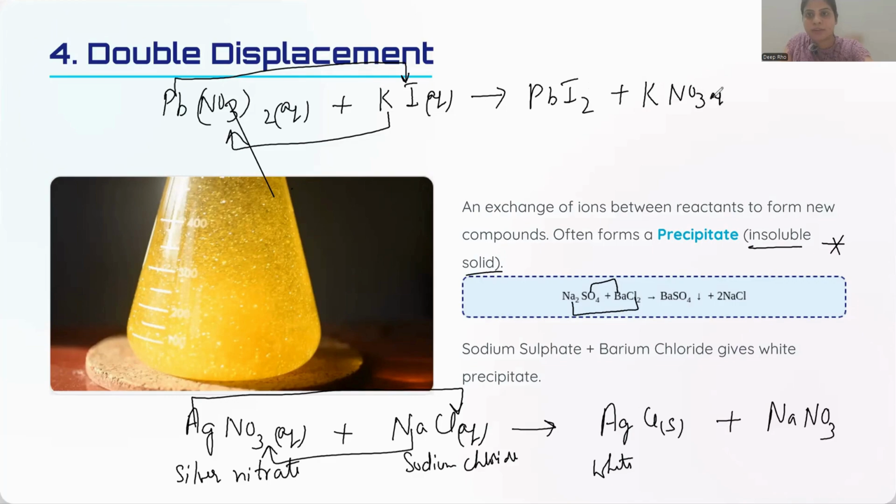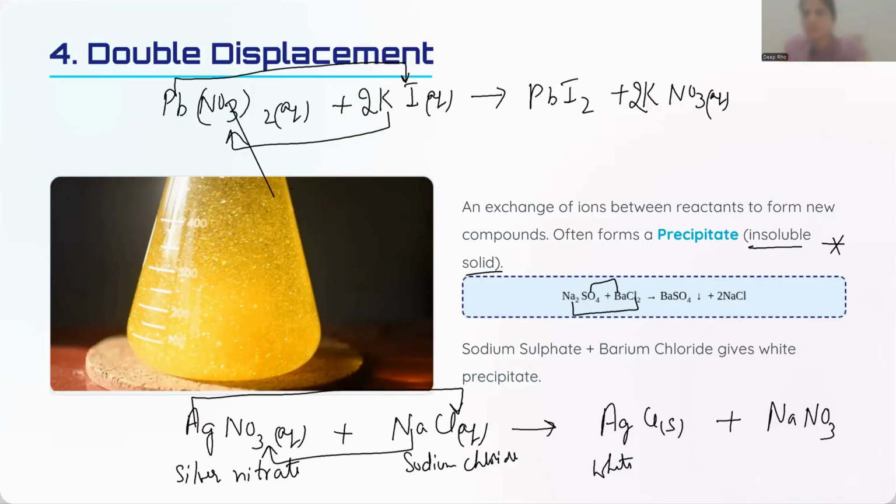Let's balance this equation. Now it is balanced. From this reaction, you see there is an exchange of ions and an insoluble precipitate is formed. So this type of reaction is called double displacement reaction.